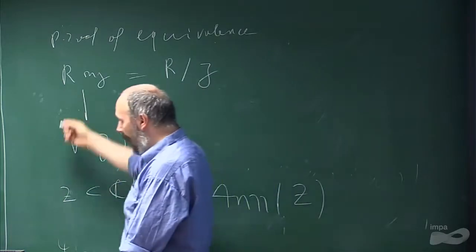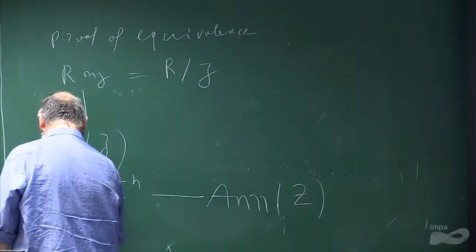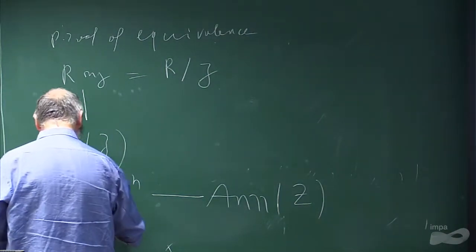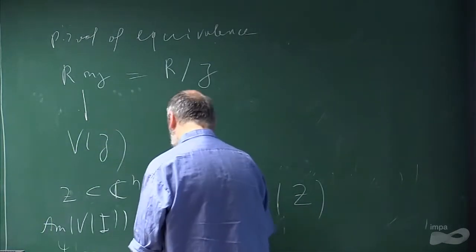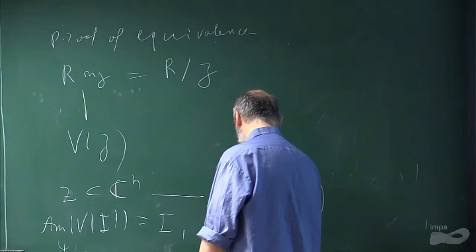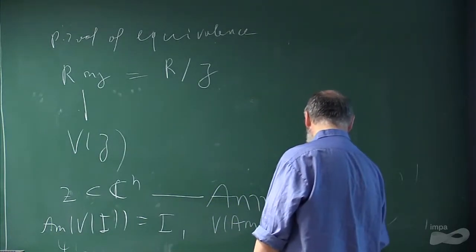So these are two functors which should define an equivalence of categories. And they do, because the annihilator of V of I is I, and V of the annihilator of Z is Z.